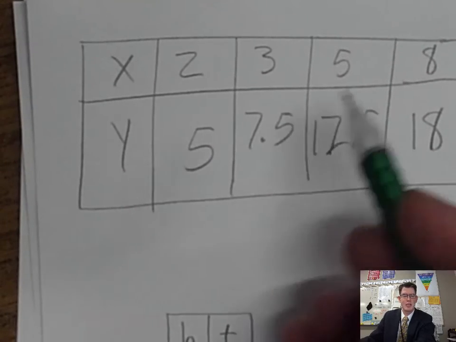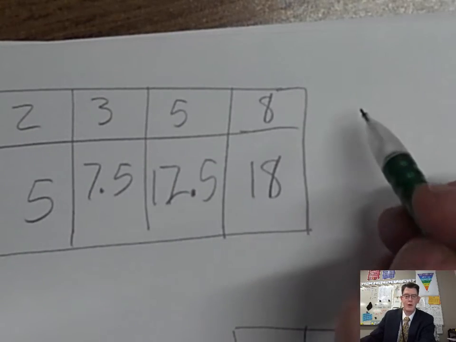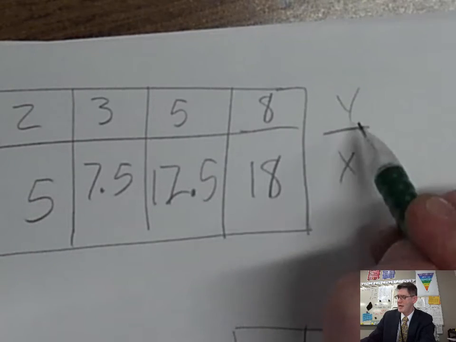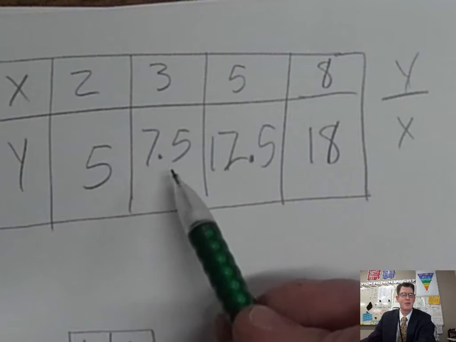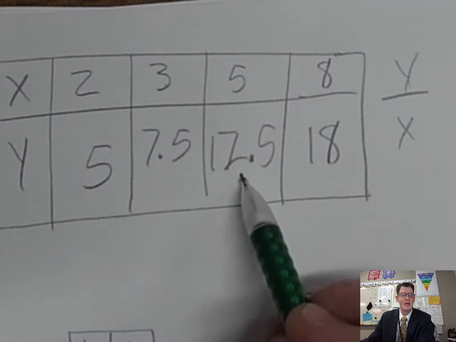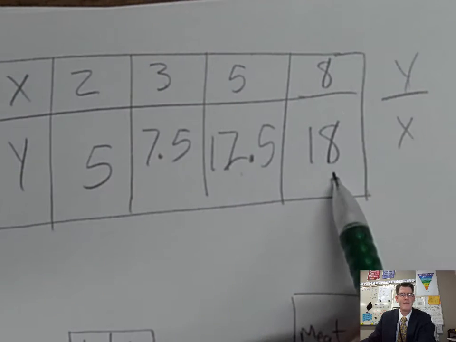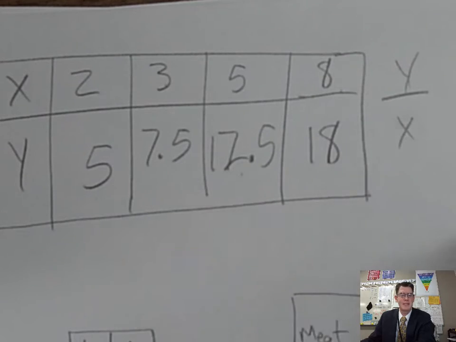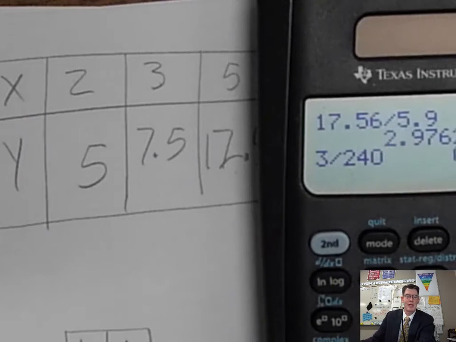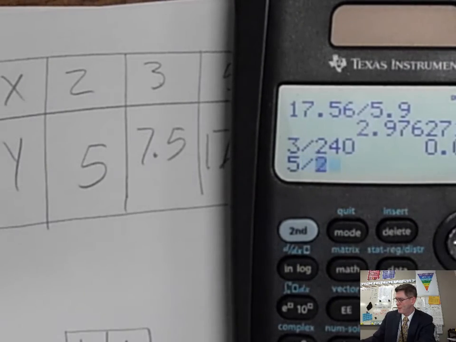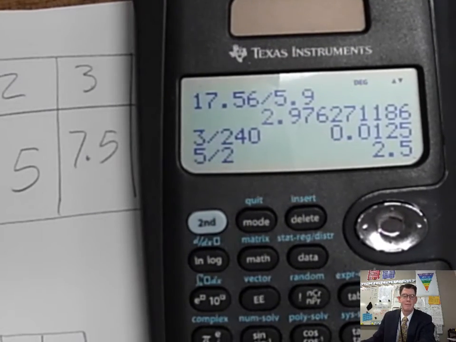And you'll usually see it written as, let's write it over here, y divided by x. So when you divide 5 by 2, or 7.5 by 3, or 12.5 by 5, or 18 by 8, do you get the same fraction? So for example, 5 divided by 2, and I get a number.